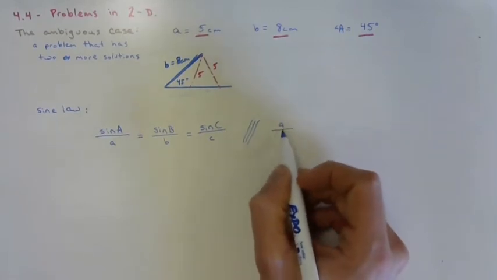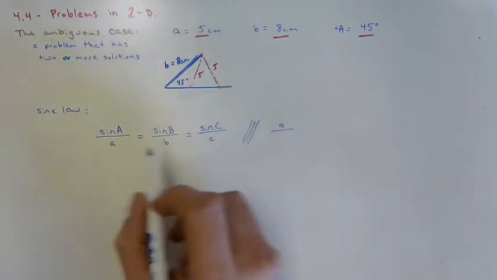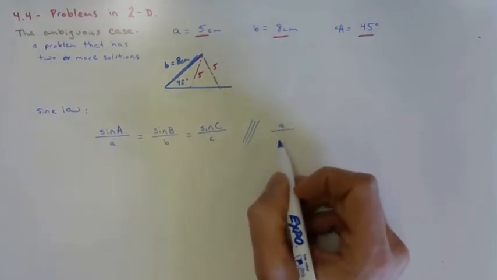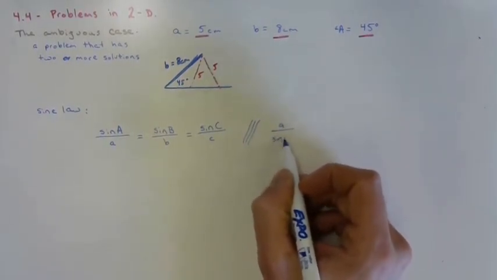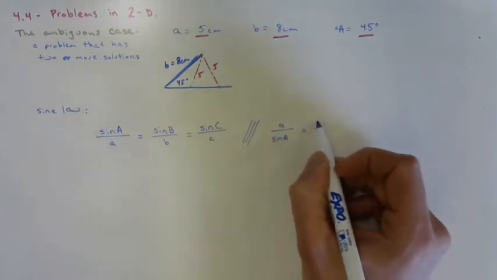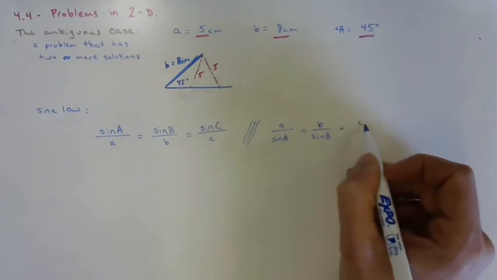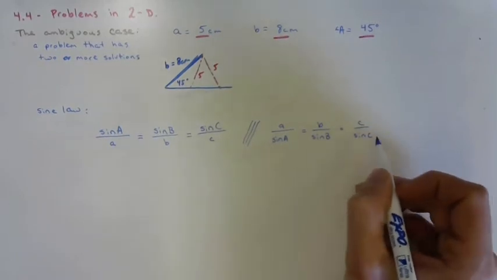So if you're looking for a side length using the sine law, you would put your unknown variable in the numerator, in which case you would have A over sine A is equal to B over sine B is equal to C over sine C.